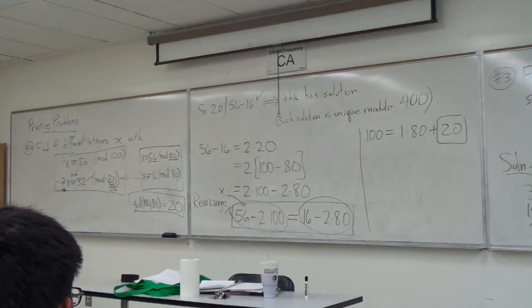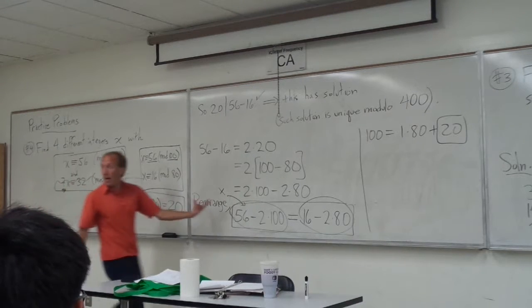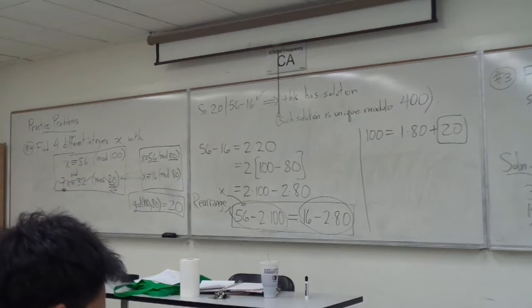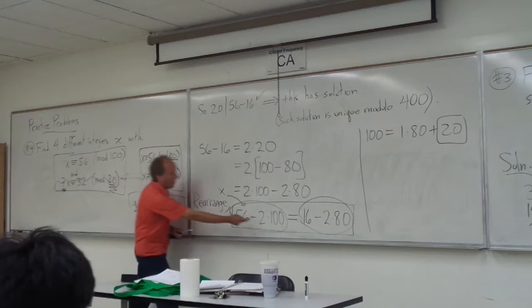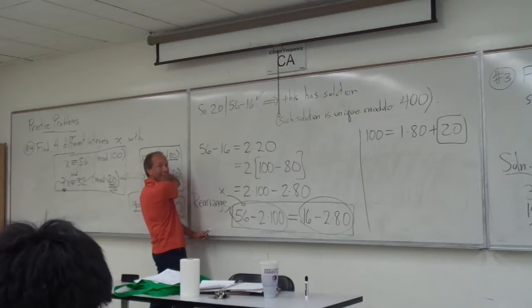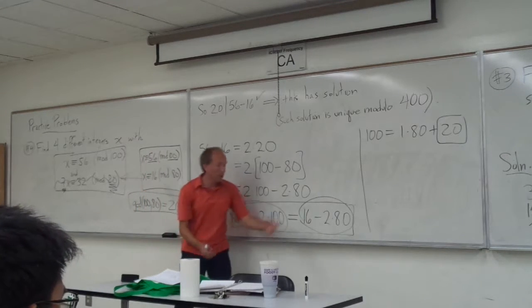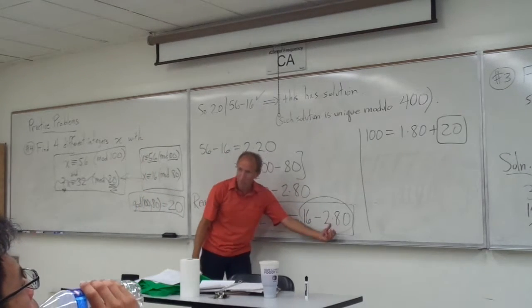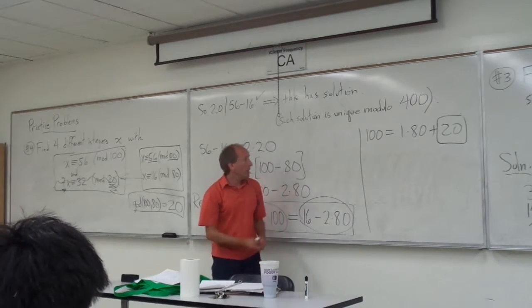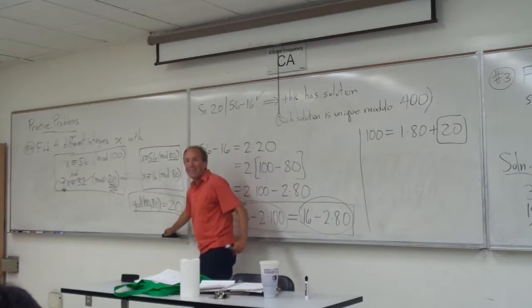You need to rearrange it so that the numbers in a particular congruence are together on the same side, so that when you then reduce modulo that, for example, the left side, you reduce modulo 100, you get the 56, which is what you want. But then when you reduce modulo 80, you have to think about it from the right-hand side perspective, and the 80 goes away, and you get the 16. So the answer then, is everybody with me? All good?